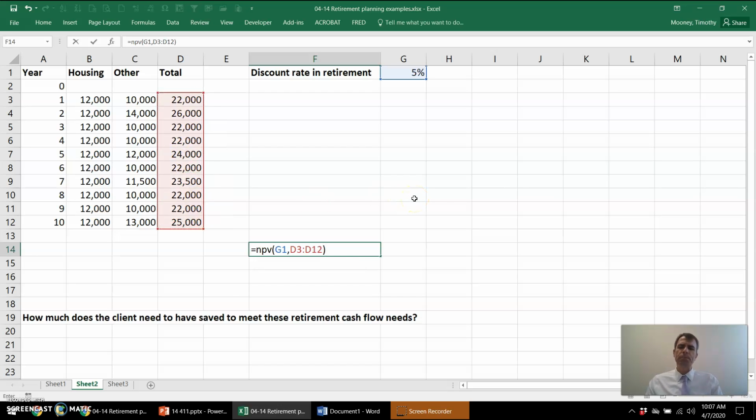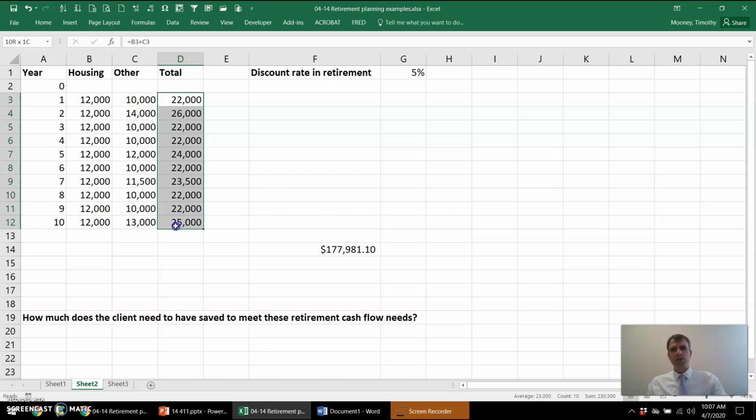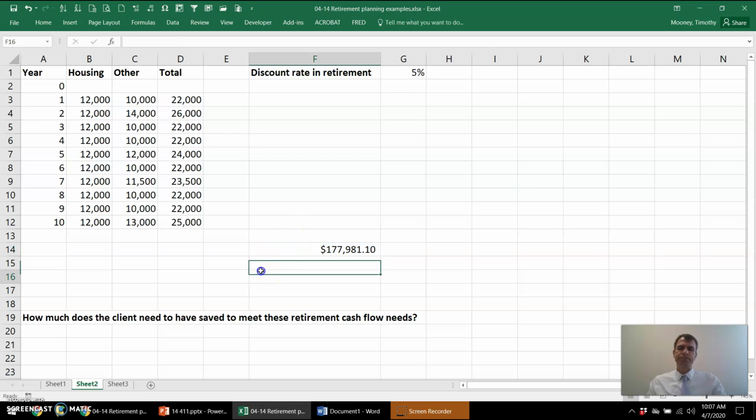And so if we find the net present value of this cash flow stream, given the discount rate, we would need to have about $178,000 saved to fund all these future withdrawals. So that's another approach to retirement planning. If we have a forecast of the cash flow needs and an assumed discount rate, we can figure out how much I will have to have saved.